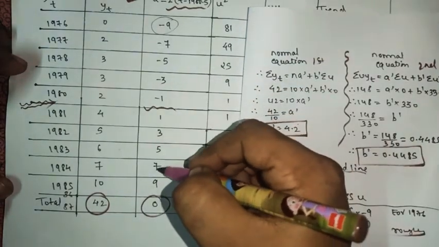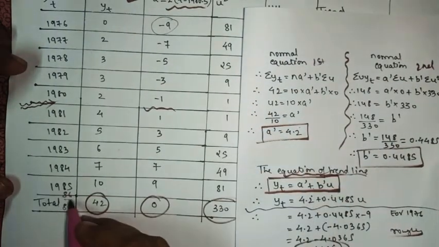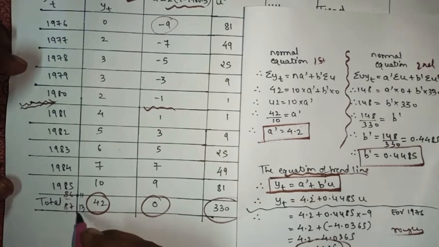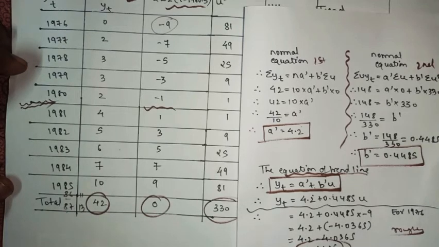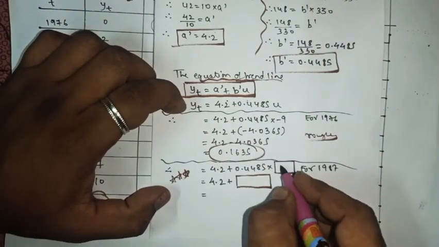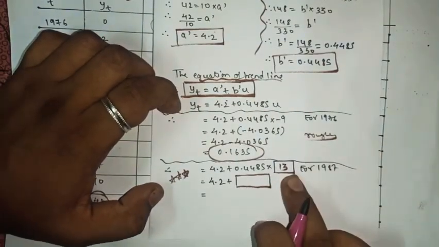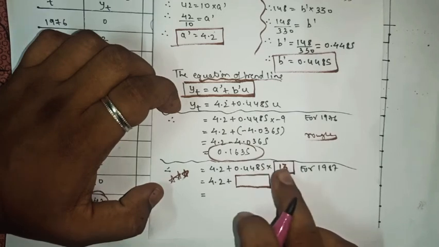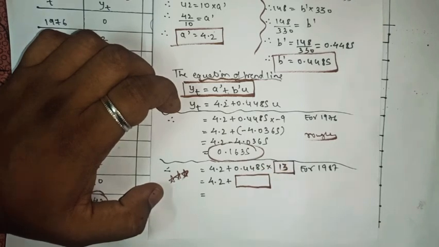So 1, 3, 5, 7, 9. So for 86 it will be what, 11, and for 87 it will be what, 13. Yes or no? So here we'll put the value of u as 13. After that you will multiply these two values. Yes or no?